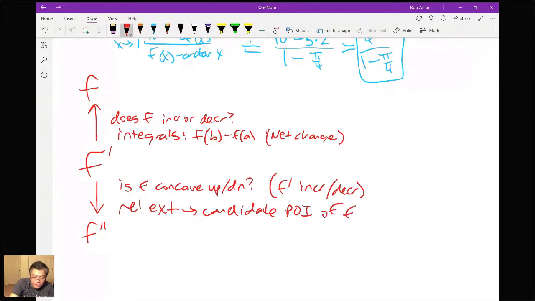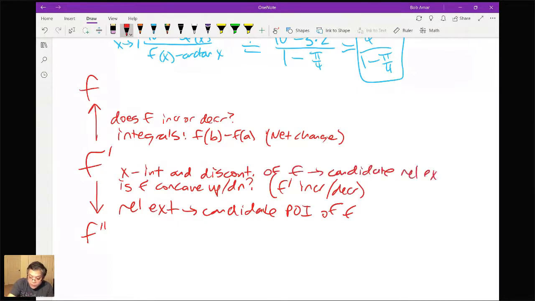And then the x-intercepts of f prime, and discontinuities, are candidate POIs of f. And then obviously, the big one is x-intercepts and discontinuities of f prime are candidate relative extrema of f. For discontinuities, beware if the point is in the domain of f. That's probably the very, very quick summary of everything we've done here and all the ways that you can use the graph of f prime.